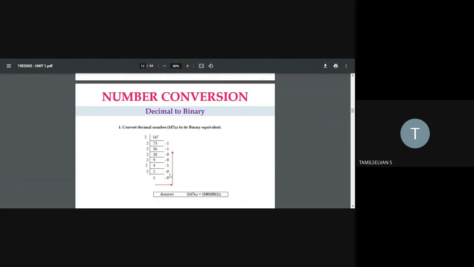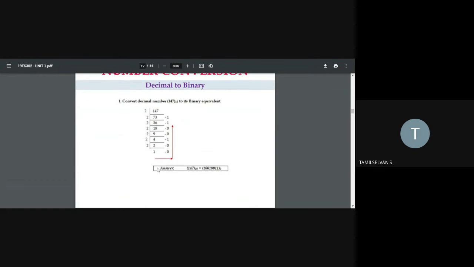This 1 0 0 1 0 0 1 1 is the final solution. To the base 2, it is the exact binary value for the equivalent decimal value 147, that is 147 to the base 2. Please note down that we have to take the bottom-to-up values for the binary number.